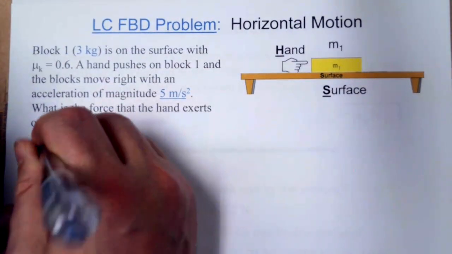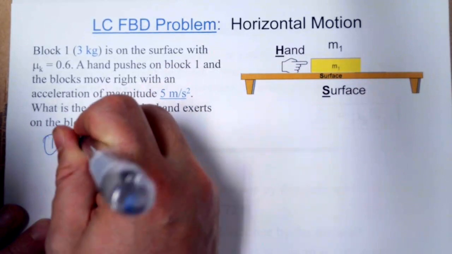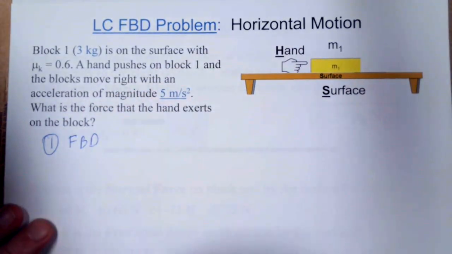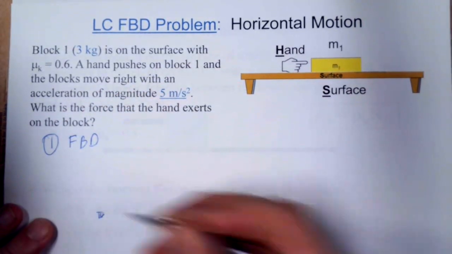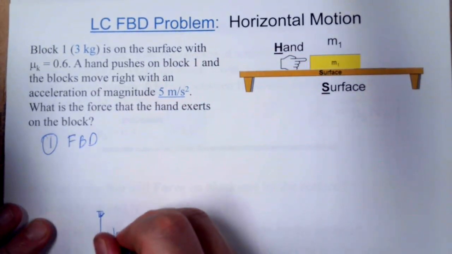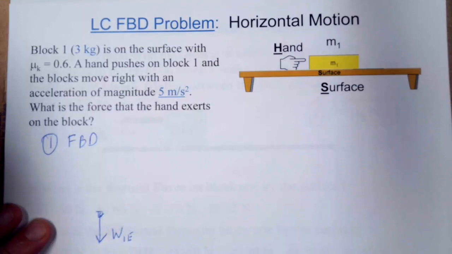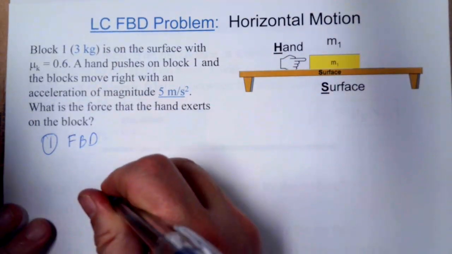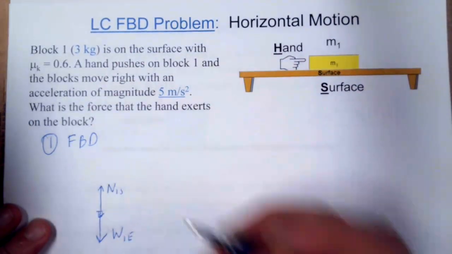Well, our step 1 here is to draw our free body diagram. So let's do that. We've got our weight force, so weight 1e. We've got our normal force pointing up, so this is N1s.